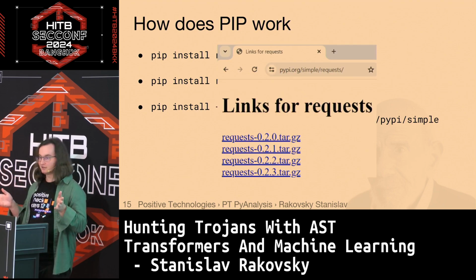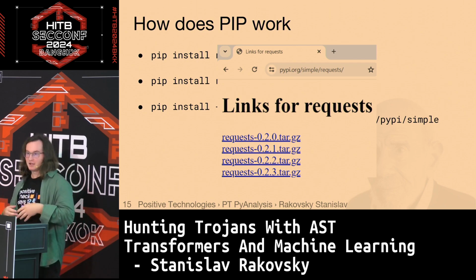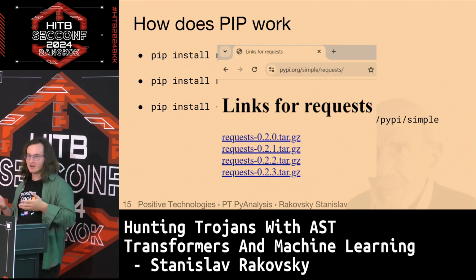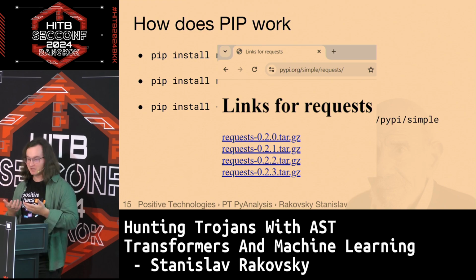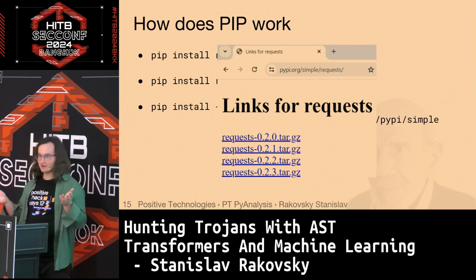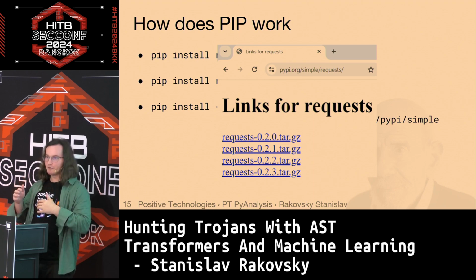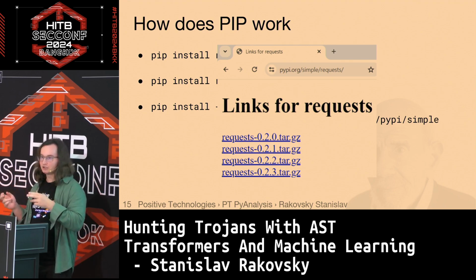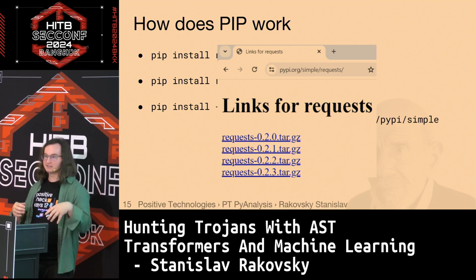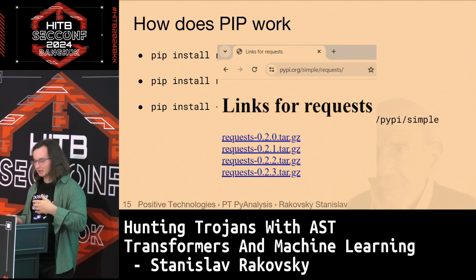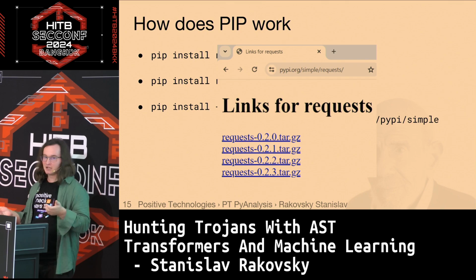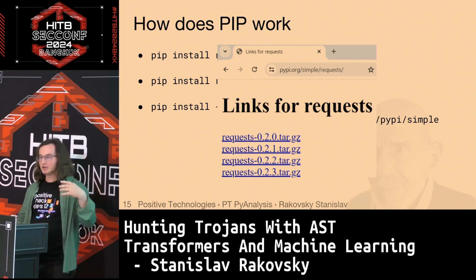Behind all of this work, we have just a simple HTML page, parsable by our human eyes. It's just a set of links. So pip will download this page, crawl through the links, parse names and versions, and try to resolve which version is most convenient for your target system, like trying to install the latest version of requests, or a certain version as part of a dependency.